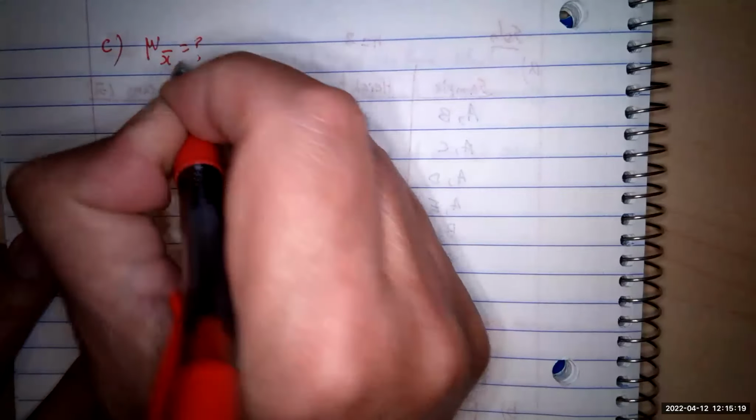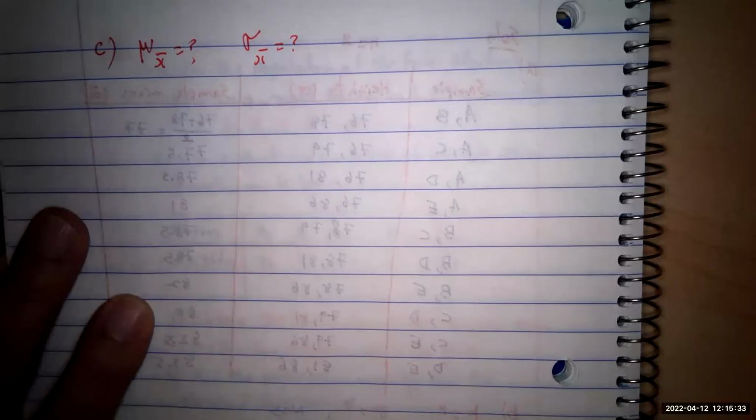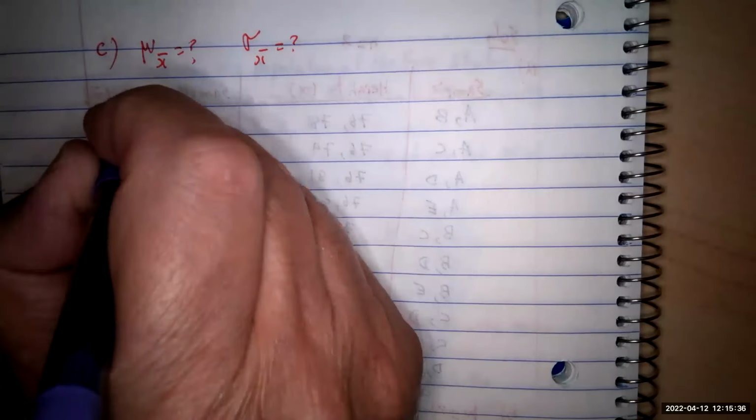So we go to part C, and we are going to find the mu for the new one, X bar, and the sigma for the X bar. That would be the surprise part. For the mu of X bar, you have to add those 10 numbers that we got. Look at this one.